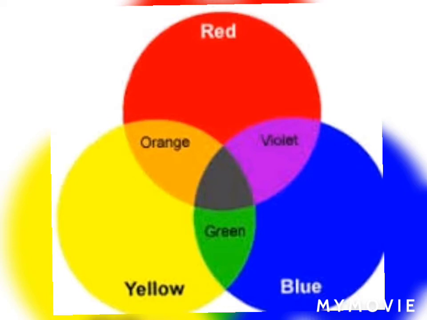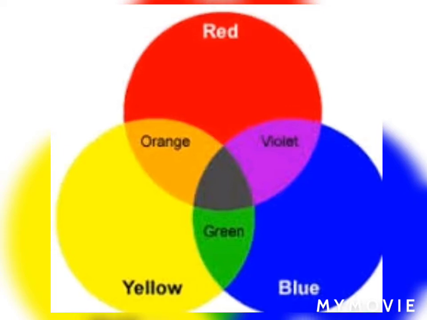You all know the names of the colors, right? But do you know which are the primary colors? Yes, they are red, blue and yellow. These three colors are called the basic colors or the primary colors, and by combining or mixing these colors we can get a variety of different colors.